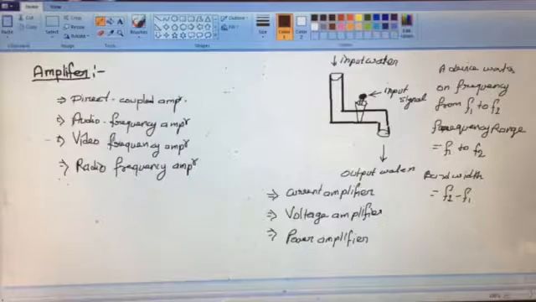A direct coupled amplifier is used to amplify signals of low frequency, so it is a low frequency amplifier.